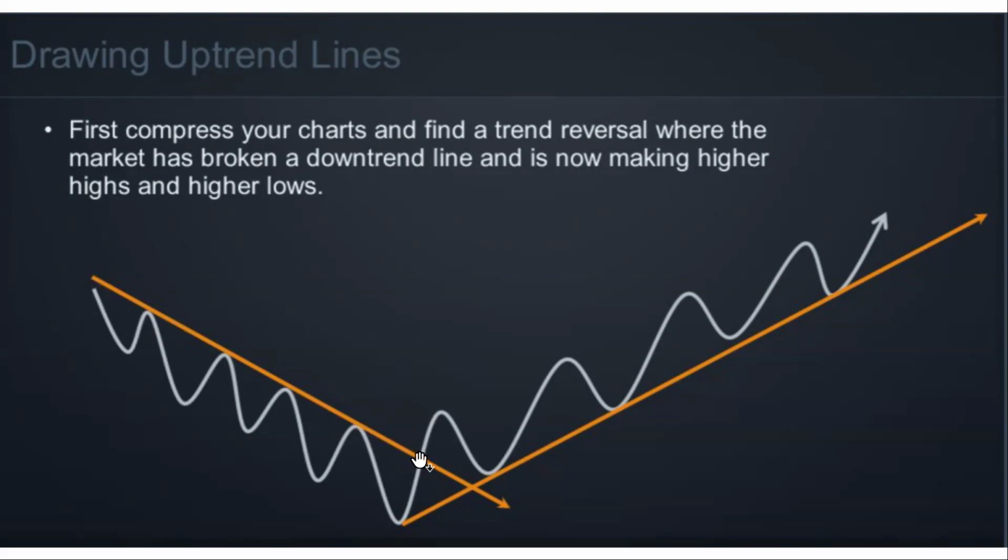After the break of the downtrend line, the market made a higher low. You need a higher high and a higher low. This higher high has to be higher than the last resistance before this low.